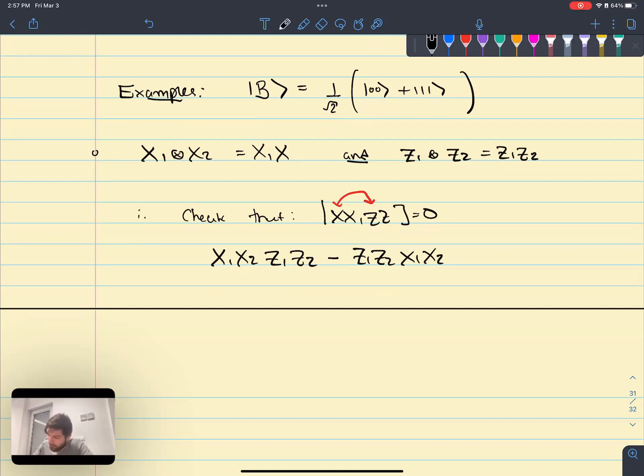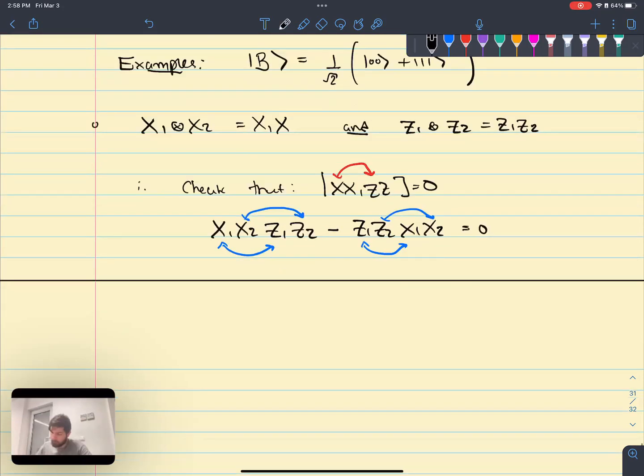I will have something like X1, Z1 here, and then X2, Z2 here, minus something with the roles reversed. So you have two factors which anti-commute, and that turns out to mean that if you have an even number of factors which anti-commute, then the whole thing commutes.